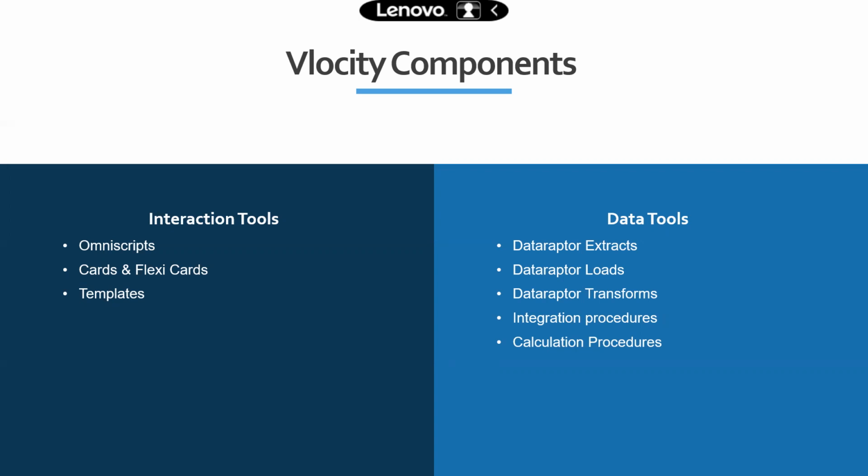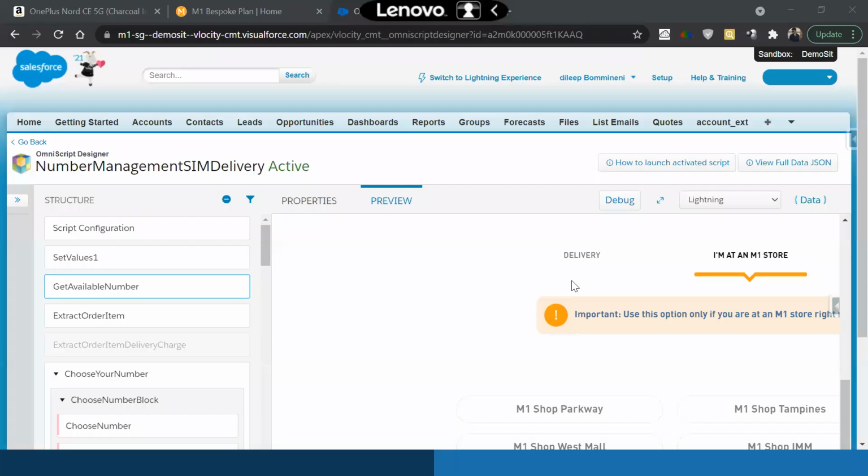You usually use try-catch to handle all your errors. Including that, you can achieve all of that through an integration procedure by simple drag and drop, right? So I'll just show you quickly a few examples of how we can configure integration procedures, and what all things we can do.